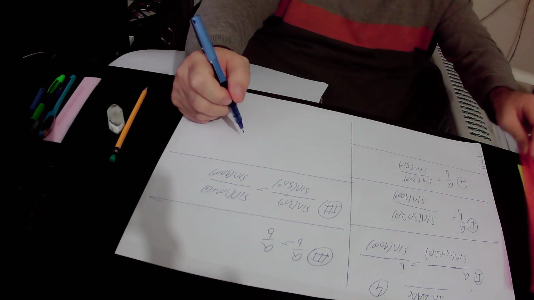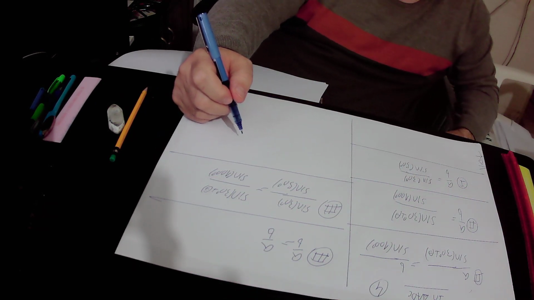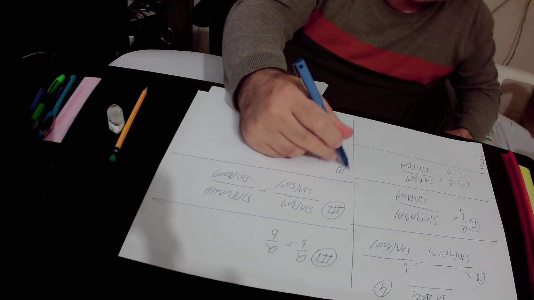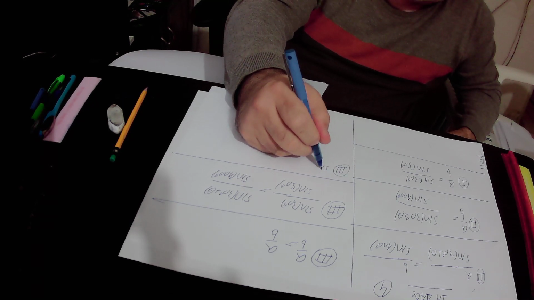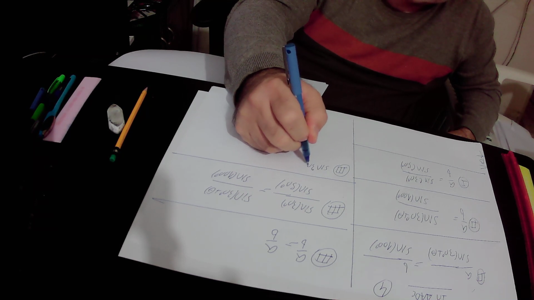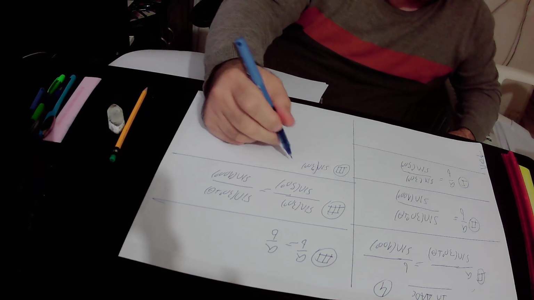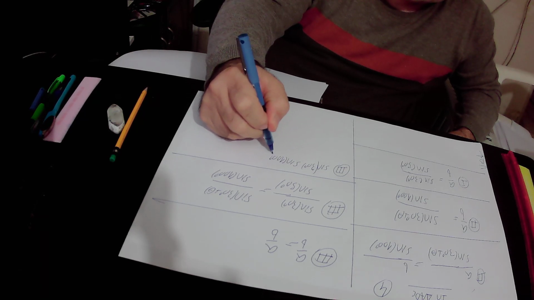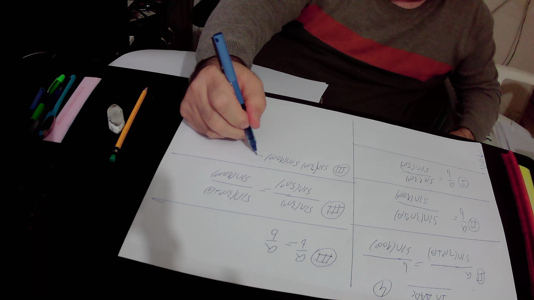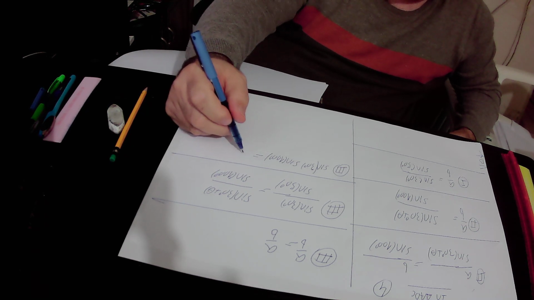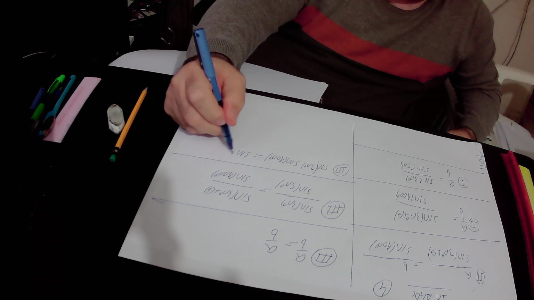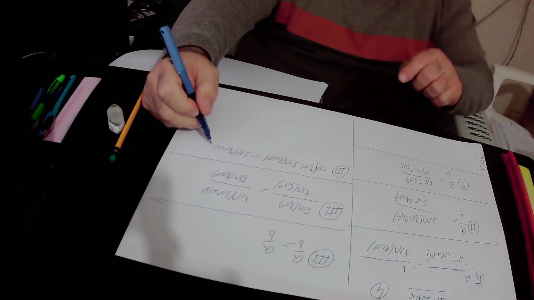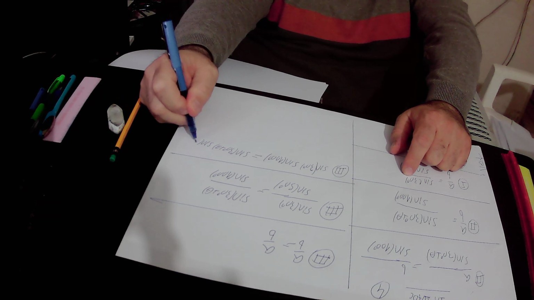Here we will cross multiply equation number 3 and we will get that sine 30 degrees times sine 100 degrees equals sine 30 degrees plus theta times sine 50 degrees.